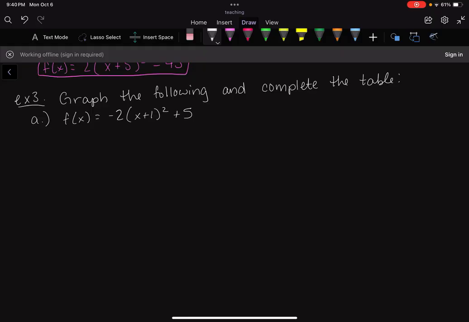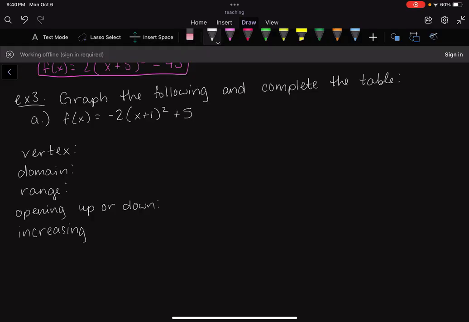So first, I want to know the vertex. I want to know the domain. I want to know the range. I want to know if it's opening up or down. So that's kind of going back to transformations. I want to know where it is increasing, decreasing.